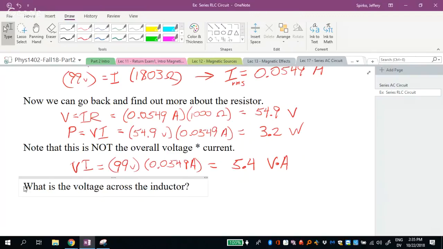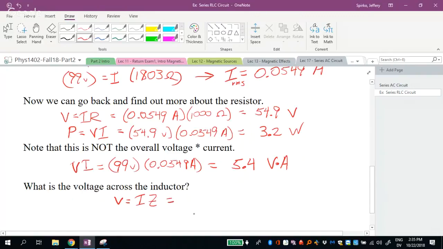So we can answer some other questions about this circuit. We can find out what's the voltage across the inductor. For that, we use V equals I times Z, where the current is just the current, 0.0549 amperes. But the Z value we use for finding the inductor voltage is just the inductor's Z value.